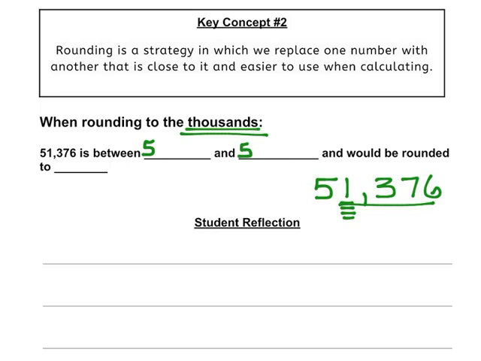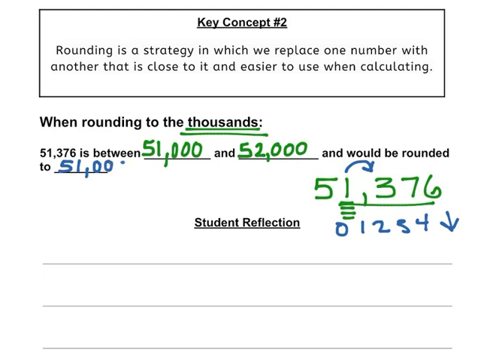I'm going to take that 1, and there's my 1,000, and then my next 1,000 would be 2,000. So I'm going to write that in. That means that 51,376 is between 51,000 and 52,000. Now, let's look at the number right beside that 1, and that's a 3. If it is 0, 1, 2, 3, or 4, it tells us to go down. So we're going to go down to 51,000.